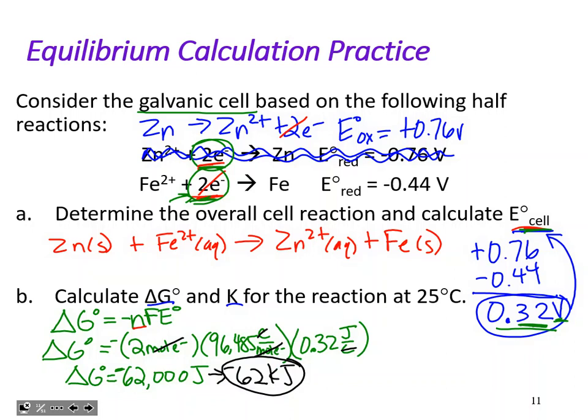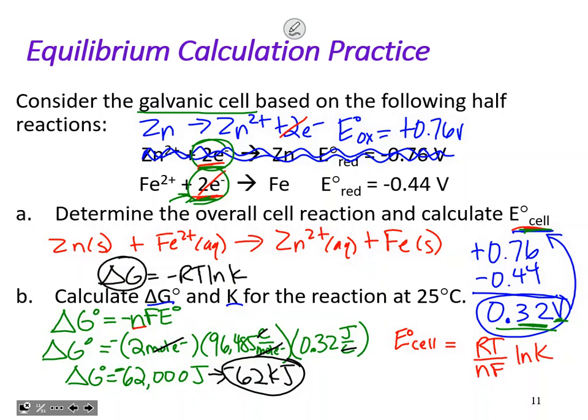Now for the K part, I probably would go ahead and use the equation that we just generated, the one that was E cell equals RT over nF ln K. Now you can use delta G equals negative RT ln K as well, but if you're going to use this one, I would make sure that you use your raw number for delta G instead of the rounded one, because that will throw it off.